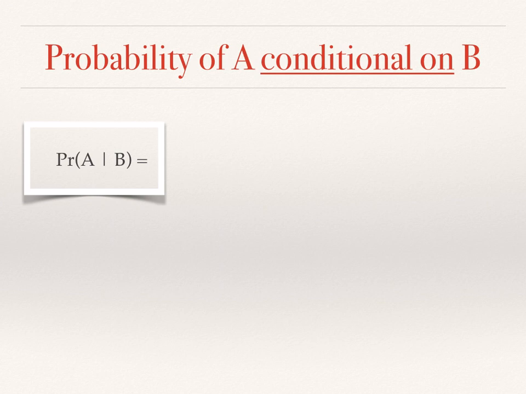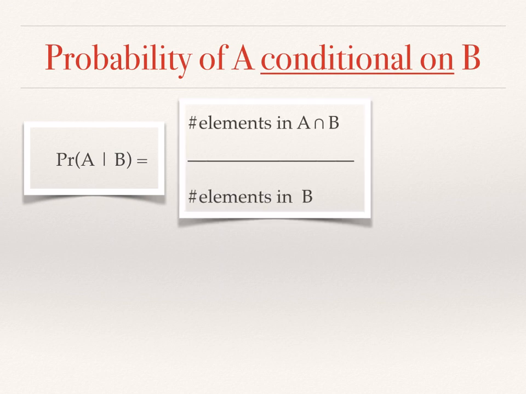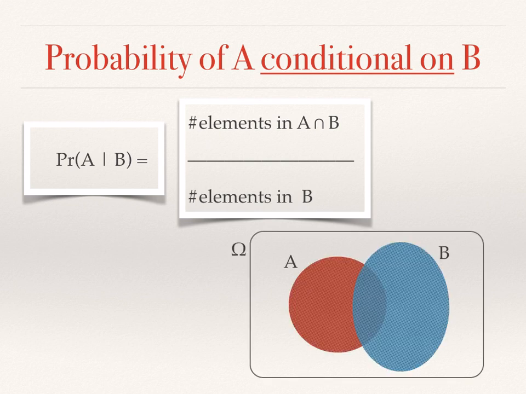As a definition, we can think of this conditional probability as a ratio between the number of elements in A intersection B, and then we divide that by the number of elements of B. Remember that the symbol, the upside down U, is the intersection between two sets. The intersection picks out the elements that are common to both sets.